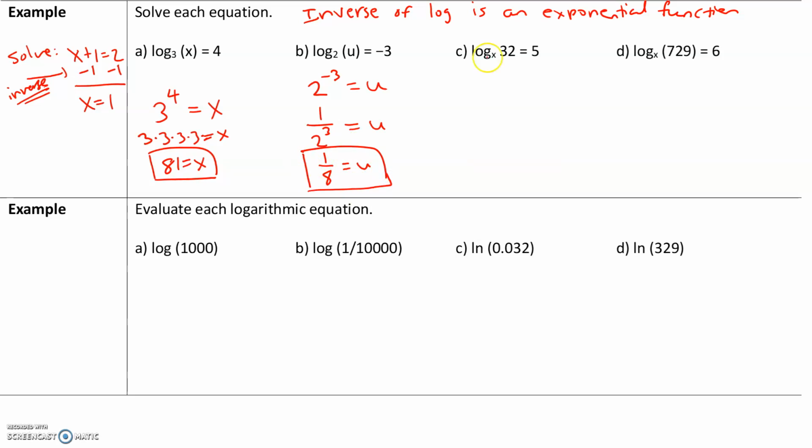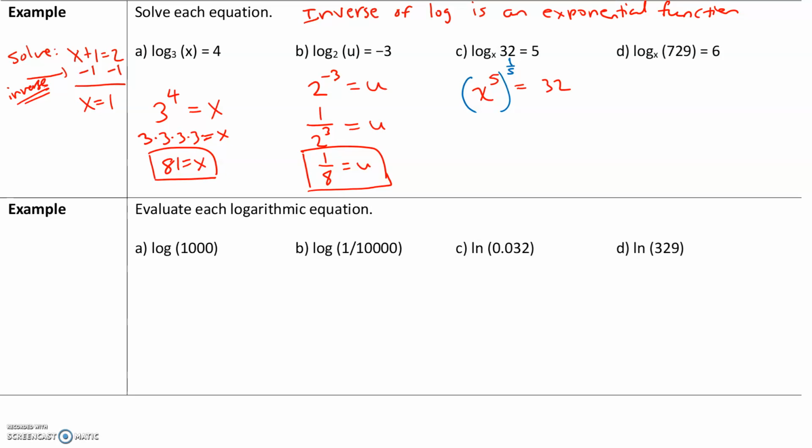Next one, it says we have log base x of 32 equals 5. So we're going to take our base x, 32 and 5, they reverse. So the base stays the same. The 5 becomes the exponent, and then 32 becomes the answer. Now, we also learned in the previous section that if you want to solve for x, the way you undo an exponent is you raise the exponent to its reciprocal.